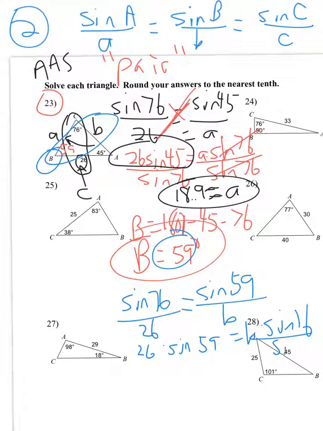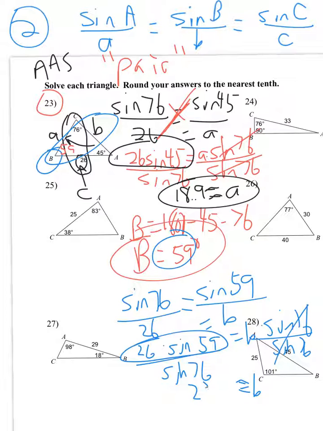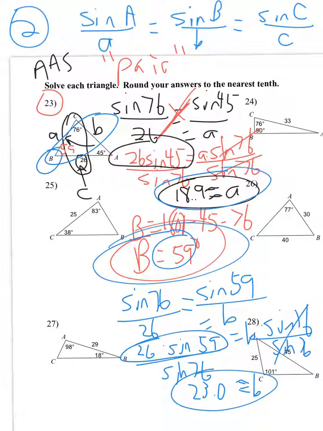We're going to divide by the sine of 76. So on the calculator, I'm going to do 26 times the sine of 59, hit equals, and then hit your division bar, divide by the sine of 76, hit equals again, and b should come out to be about, to the nearest tenth, 23.0. So we've got these three things. Angle B is 59, little a is 18.9, and little side b is 23.